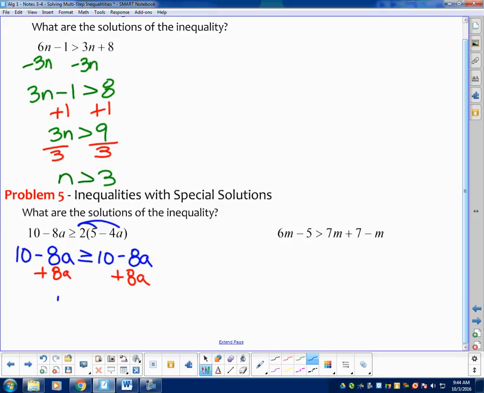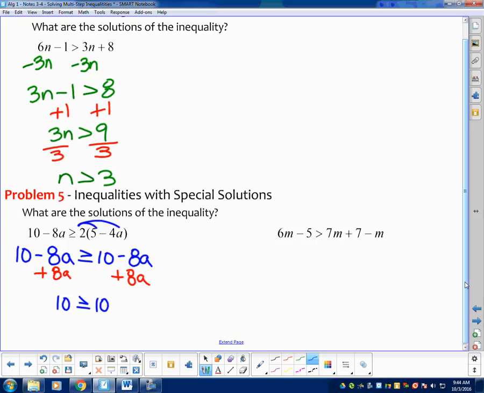So I'm left with 10 is greater than or equal to 10. Is that a true statement? 10 is not greater than or equal to 10. It is, right? If I didn't have that equal sign, then yeah, that wouldn't be true. 10 isn't greater, but I have the equal sign, so it can be 10 also.